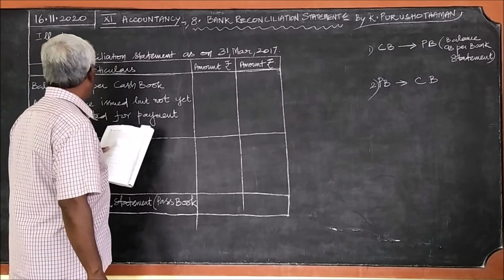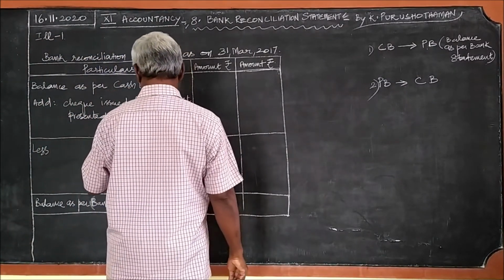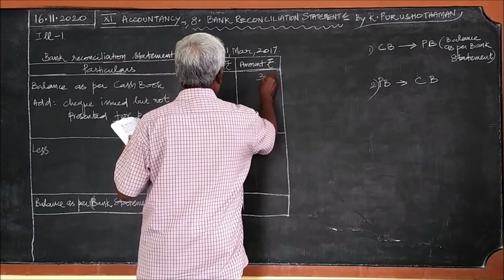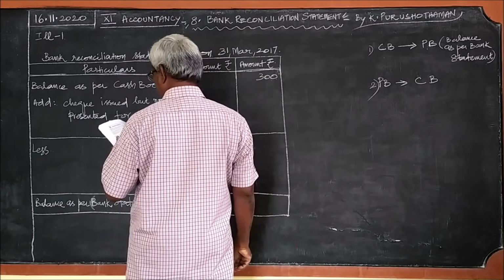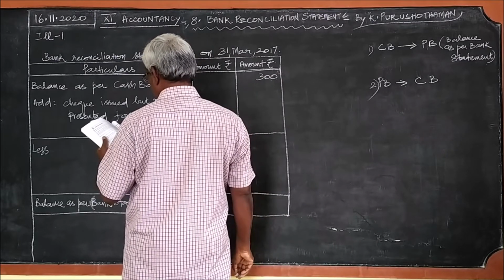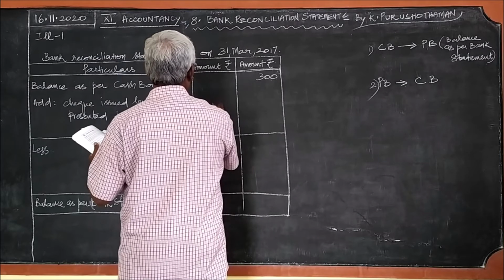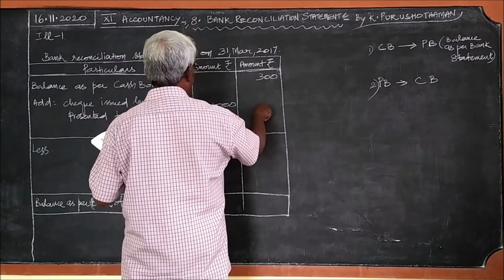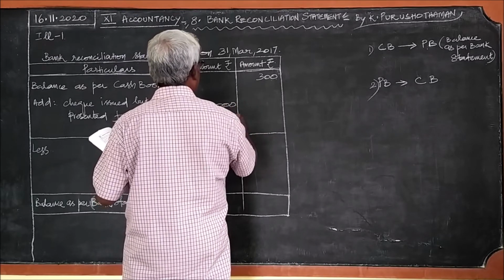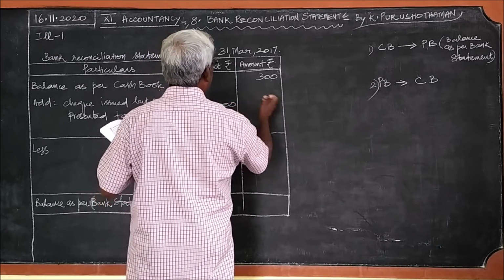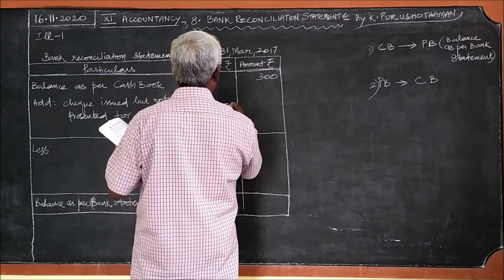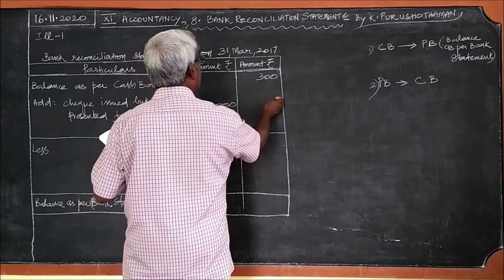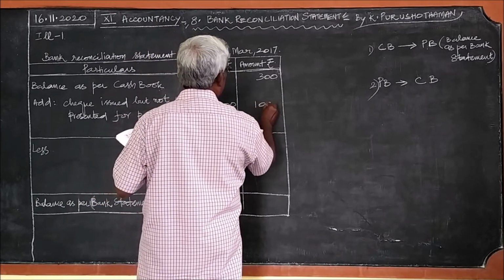The amount is: balance as per cash book 300. Add checks issued but not yet presented for payment 1000. If there is only one item to be added, you can write here. If there are too many items, then you can write all these things, add and write here. Here there is only one item. You can either write here straight away, or as usual you can write and write the same here.